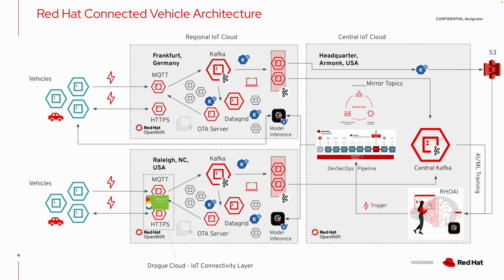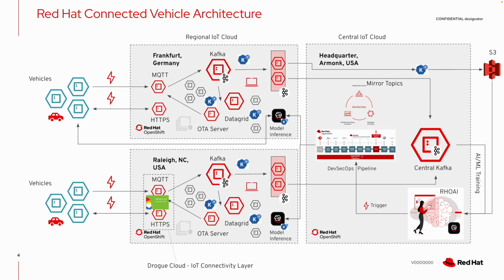These are Quarkus applications, which are simulating vehicles which are driving from a start to a destination endpoint. And while driving, they're sending sensor and telemetry data to the regional IoT cloud environment. There is a connectivity stack called Drogue IoT.